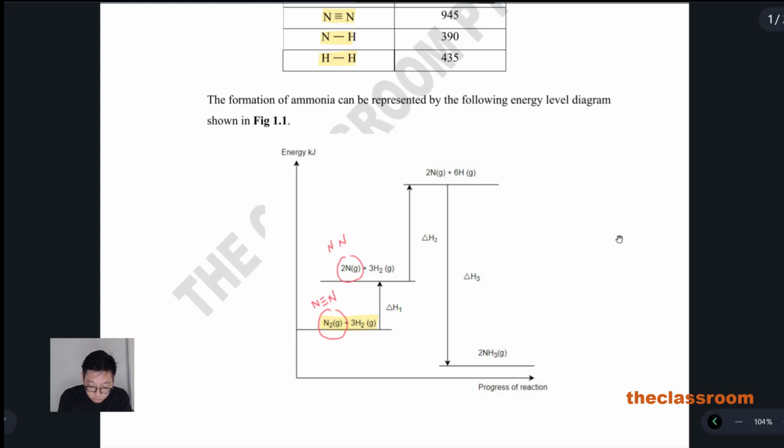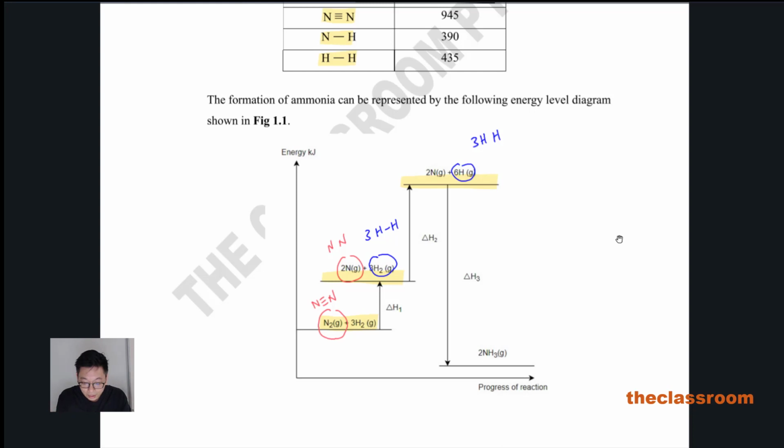From stage 2 to stage 3, what happens? Once again, if you look very carefully, I'm going to circle in blue now, 3H2 forming 6H, which means you have 3 hydrogen molecules breaking to form 6 hydrogen atoms. Or let me just do it this way, 3HH, so 3HH times 2 is 6.